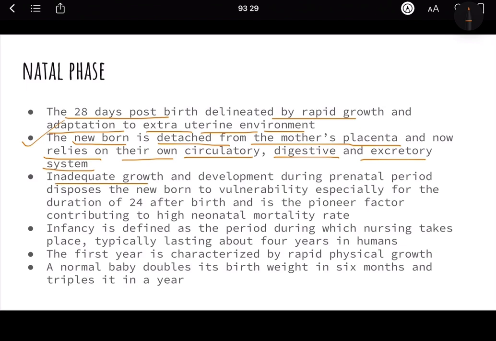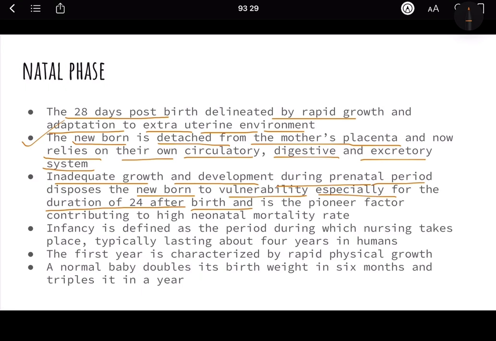So there is inadequate growth and development during the prenatal period. That means in the prenatal period, the baby was relying more on the mother's womb for its activities, but now it has to do it on its own. So newborn vulnerability, especially for the duration of 24 hours after birth, is more, okay? Because that's when the shift takes place.